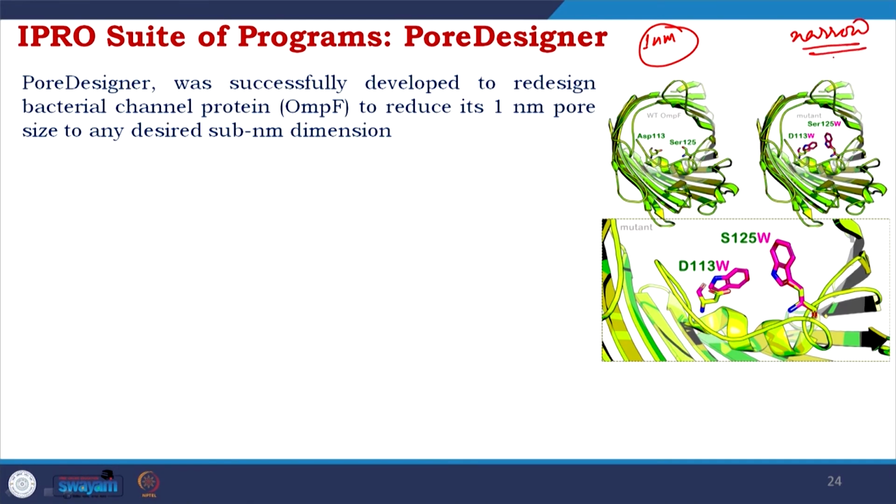The strategy is to change many amino acids, and it was found that tryptophan in both the places will be stable there and make the pore narrower.